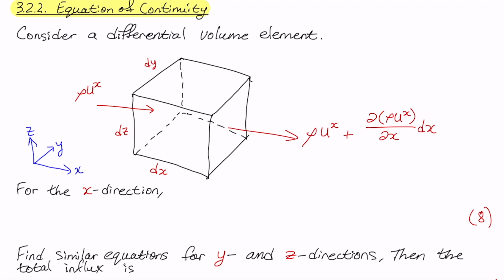So this is just for the x direction. You can do similar things for the y and z directions, but we're going to skip those. We're going to focus right now on the x direction, and then we will produce similar equations for the y and z directions, which we won't do live. If you want to, you can do that offline.